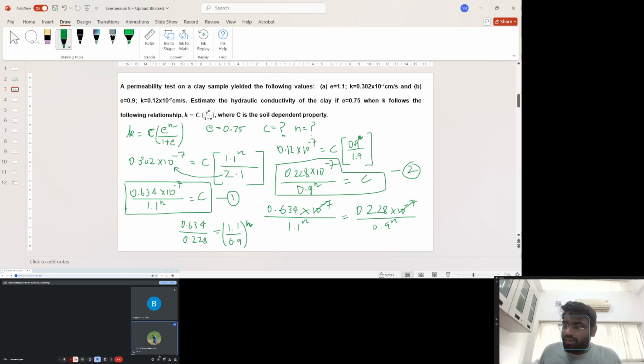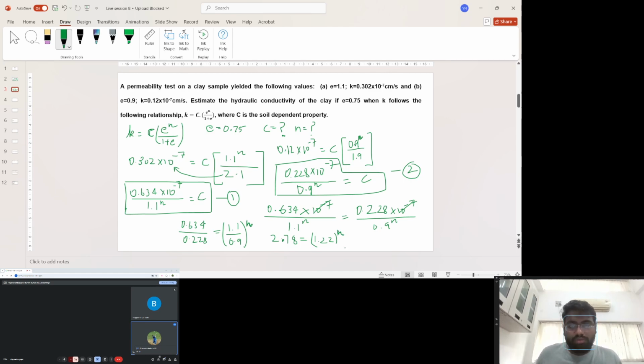Right? So you can divide this now. 0.634 divided by 0.228, which comes to around 2.78 is equal to 1.1 divided by 0.9 will come to 1.22 power n.